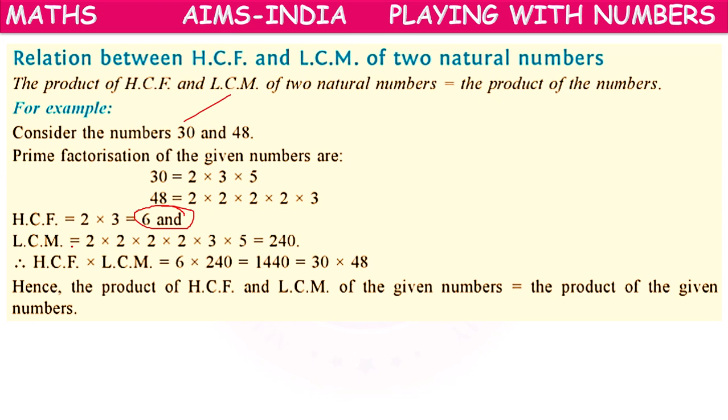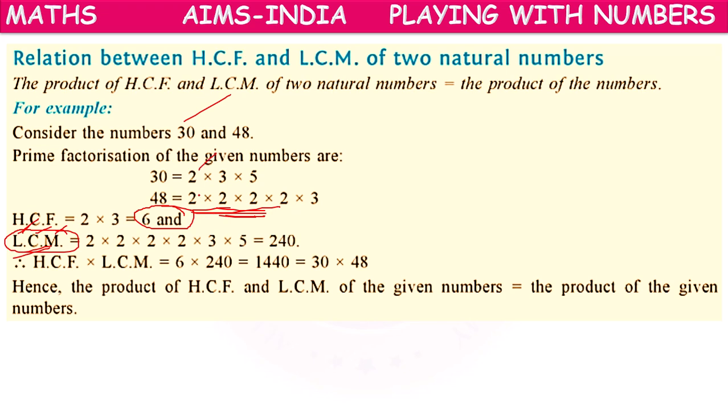In the same way, LCM, least common multiple. What is the opposite to least? Greatest or highest. While calculating LCM, we have to consider the prime factors occurring the greatest number of times.